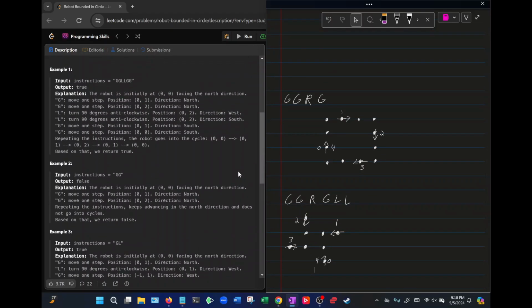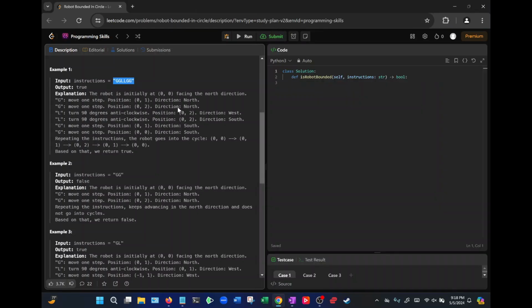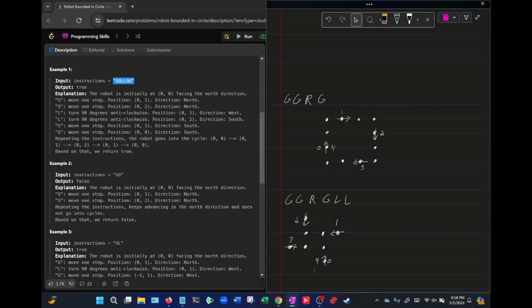Okay, so what are we noticing in these examples? There are cases where you just keep on walking off. But if that's not the case, then you could have a scenario where you start at the origin and go to one place.